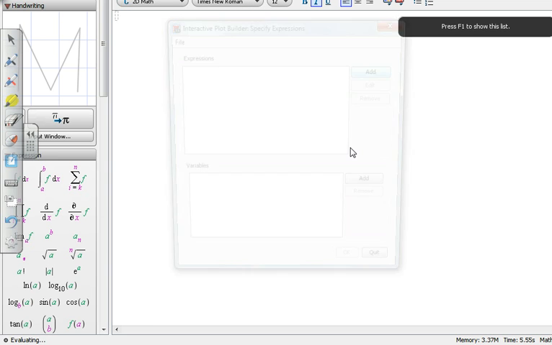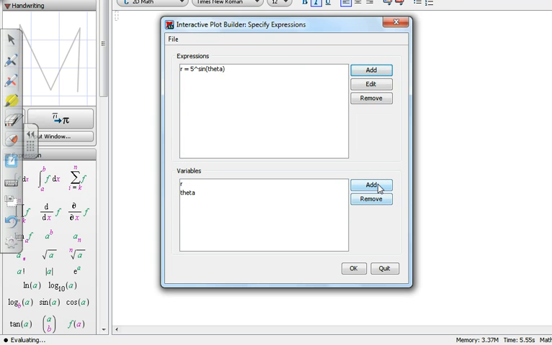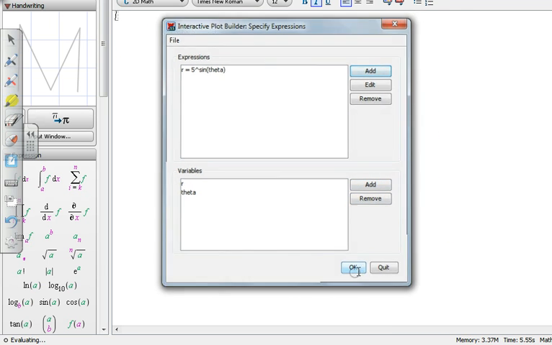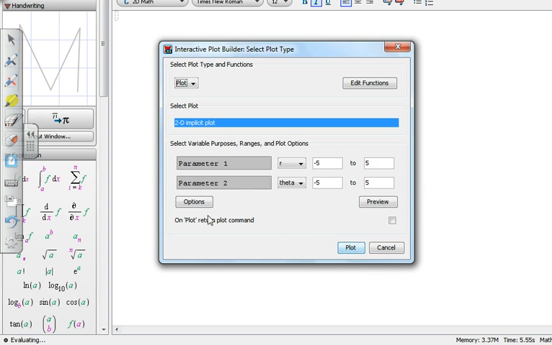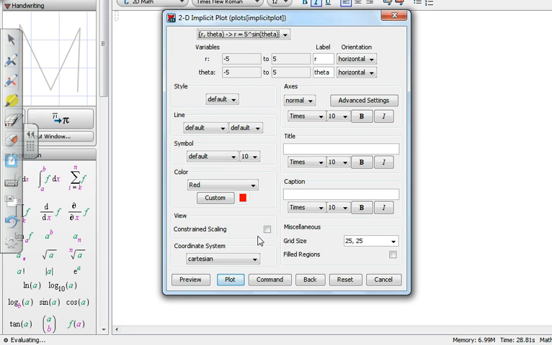Plot builder. R equals 5 sine theta. Where is the polar setting?